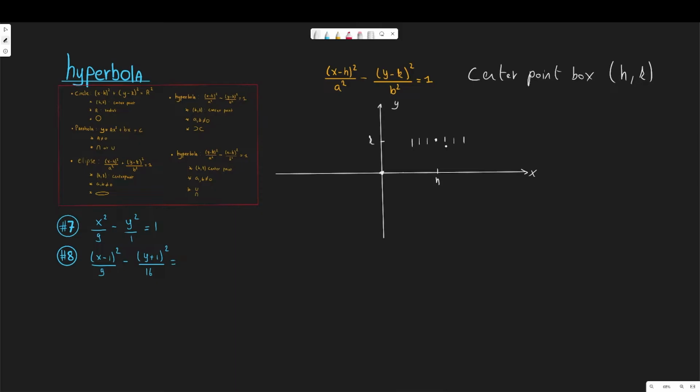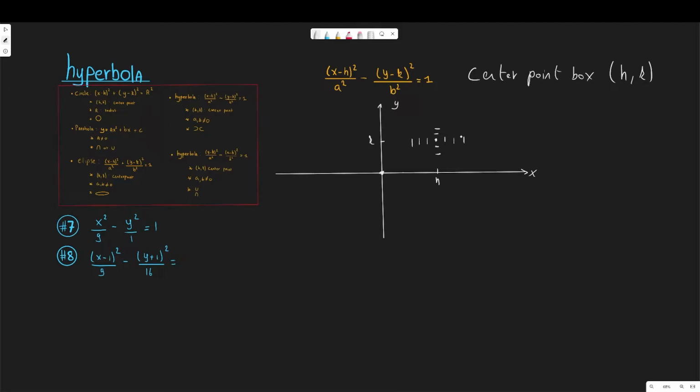Next we have to find the length of the box in the y direction, and this will be given to us by the coefficient b. So let's say that b in this case is 2, so then we'll go one step in the y direction and b steps in the y direction like this, and just as before we'll have to go b steps in the opposite direction, so one step, b steps.